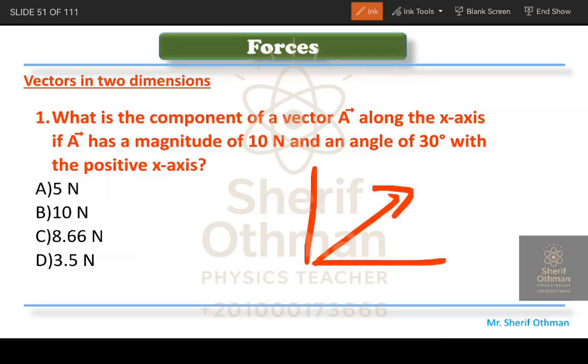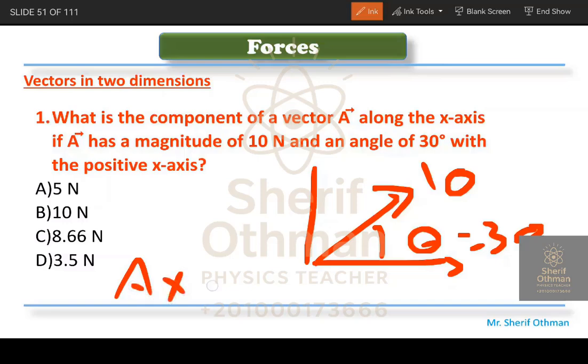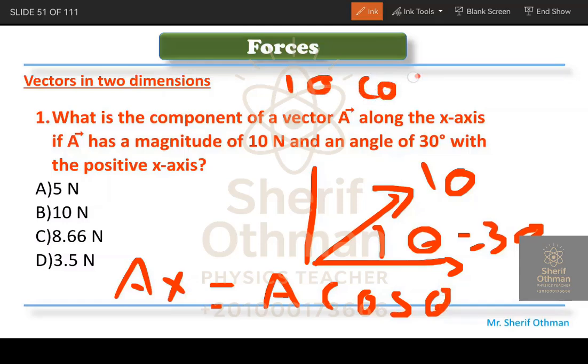A is 10 Newton, theta is equal to 30, and Ax is required. Ax is equal to A cosine theta. So it will be 10 cosine 30. So the answer will be 8.66.